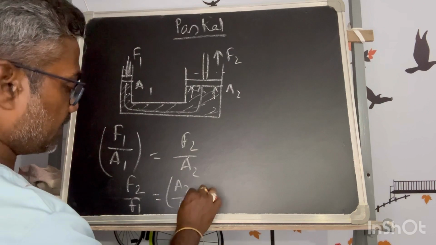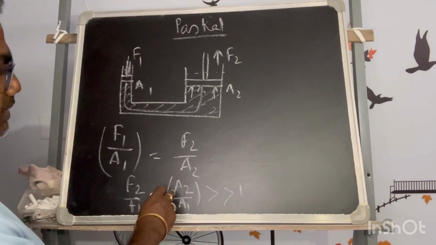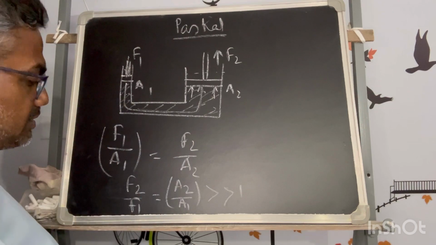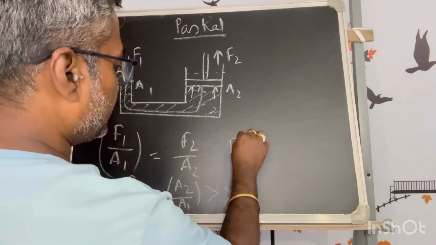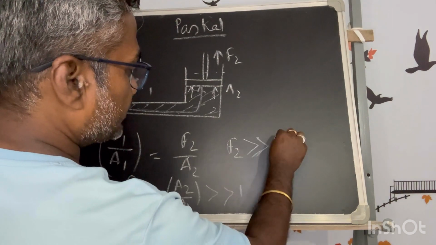This is much more than 1, because A2 is much more than A1, so the force F2 is much more than F1.